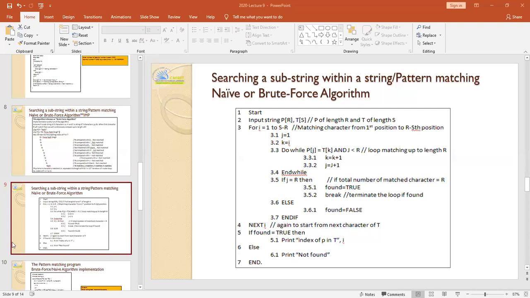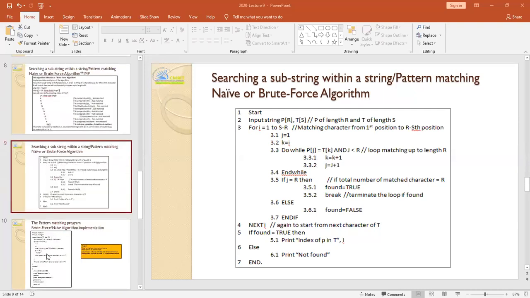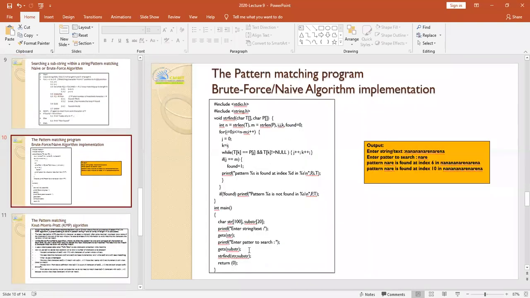So that is the algorithm. Now you come to the program. This is the program we have taken. If you have understood the algorithm, then it is very easy. This is the program for the brute force implementation.